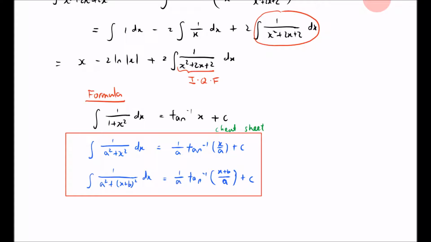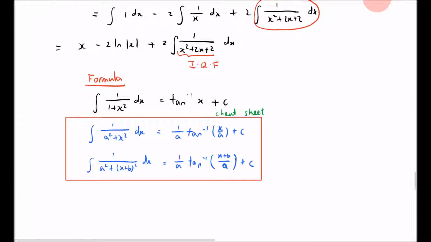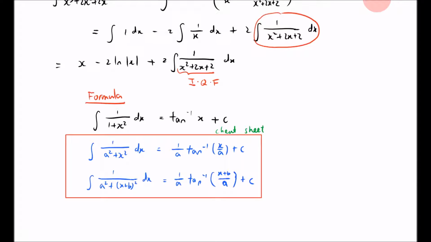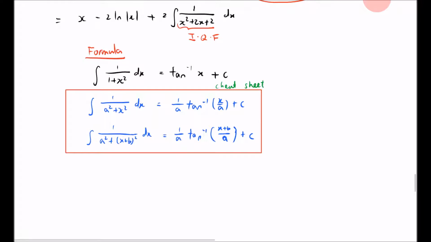Okay, so how do we make use of this formula in this question? We'll see. Now we just isolate the question: integrate 1 over x squared plus 2x plus 2 dx. In order to get this type of bracket square, you have to use completing the square.